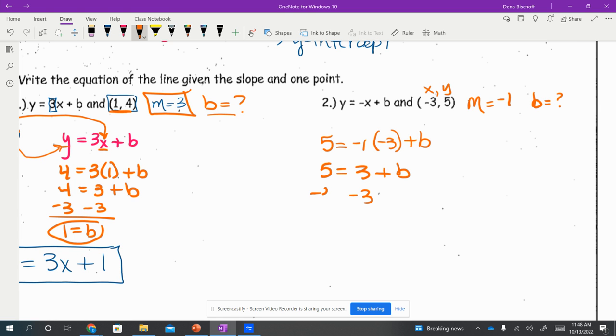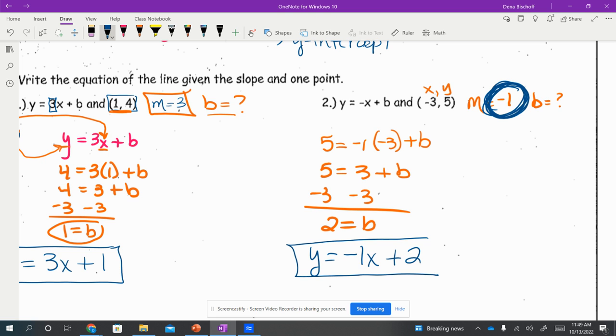Subtract 3. Thank you, Dakota. So 2 equals b. Gavin Kane, equation. Y equals 3x plus 2. Y equals what? Y equals -1x plus 2. Awesome. Y equals -1x plus 2.